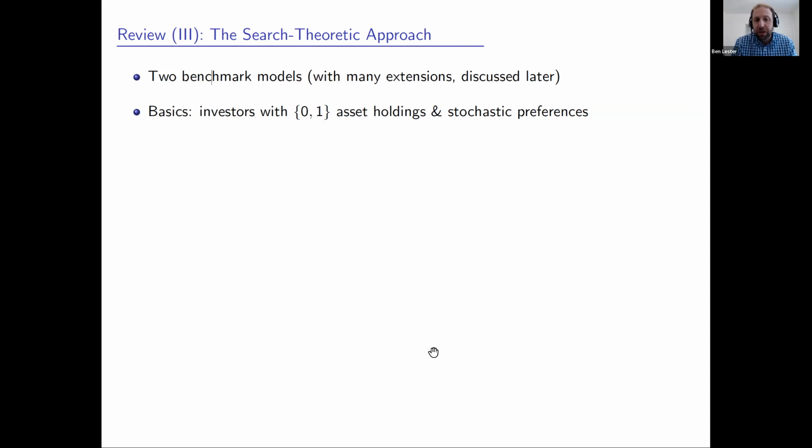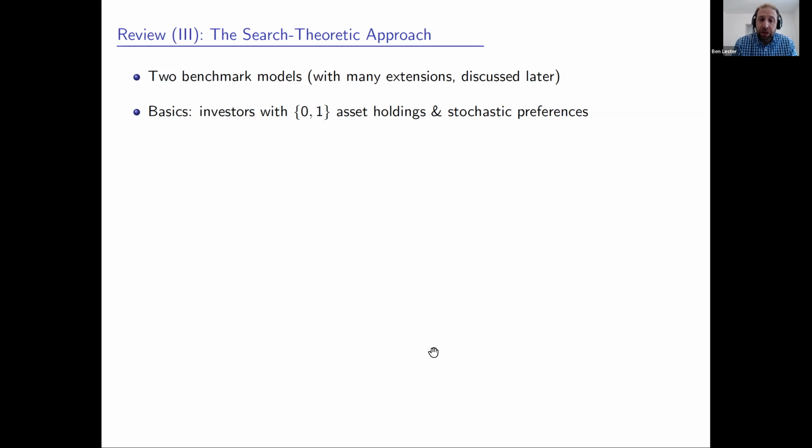But in the simplest version of the model, we just hardwire it into the preferences and say, they're investors out there, some own an asset, some don't, and their flow utility from holding such an asset varies across investors and varies over time.